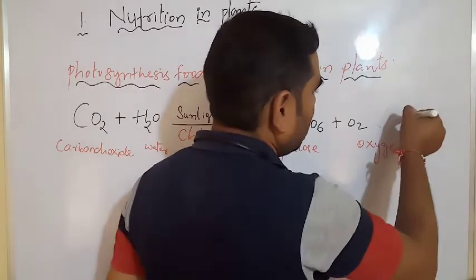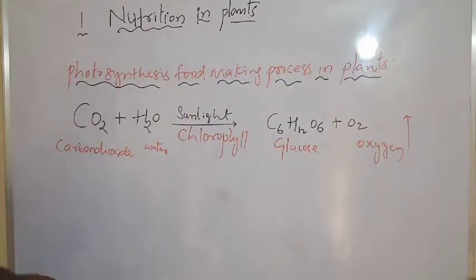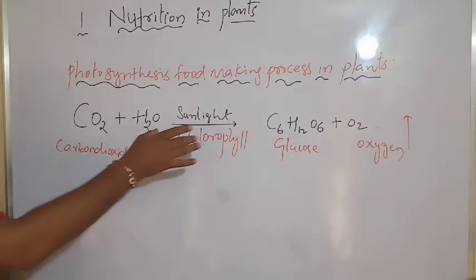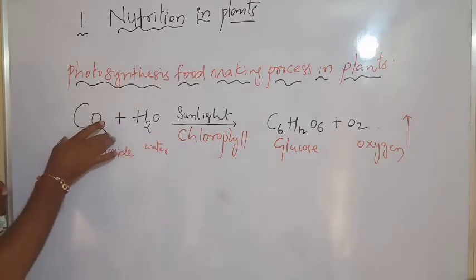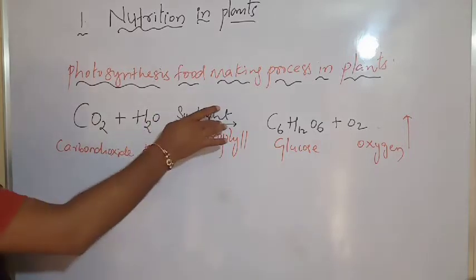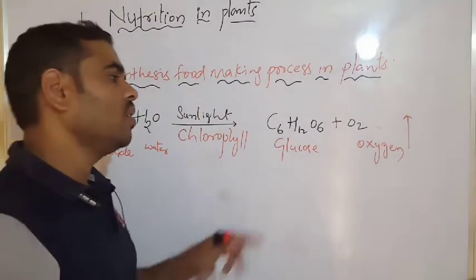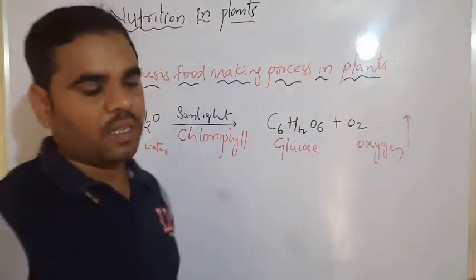Oxygen is liberated. Listen: plants take carbon dioxide from air, water through root, sunlight and chlorophyll, and make glucose and oxygen.